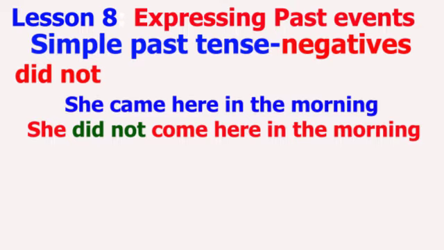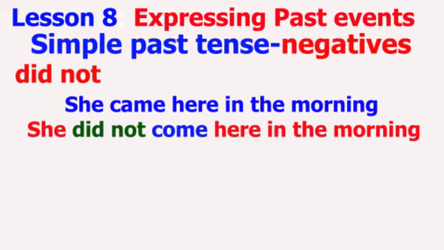So we are not going to add ed, or change the form of the verb, even if they are irregular verbs. The verb is going to remain as it is. As you can see, she did not come, not she did not came. We are not using came in the negative sentence.